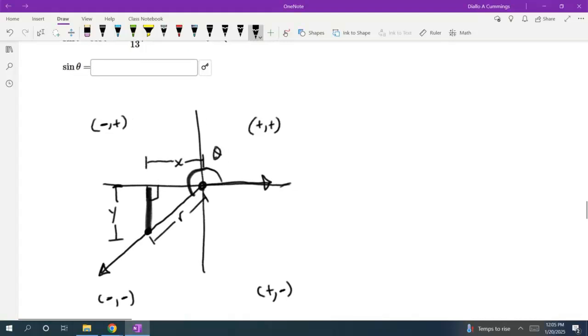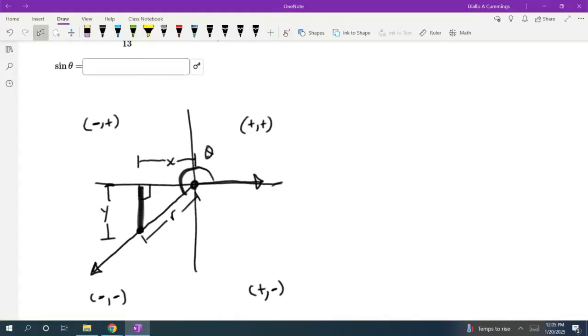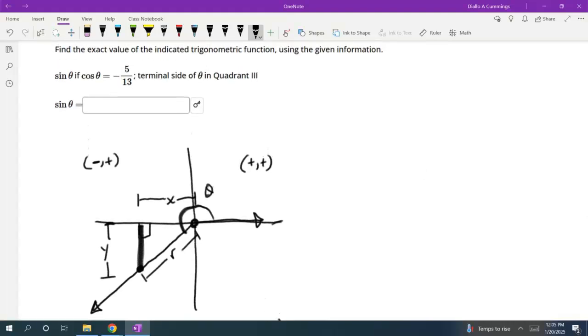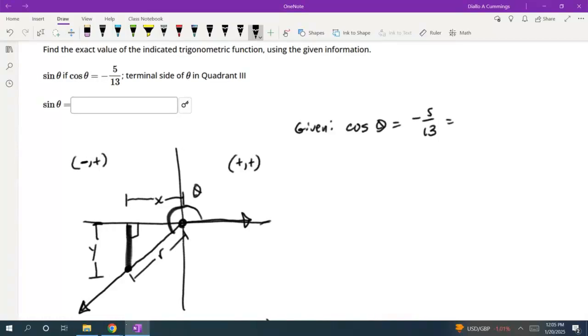The next thing I want to do is plug in the given information. So what are we actually given? Well, we're given that the cosine of theta is -5/13. So remember, in our cosine formula, the cosine is x over r.